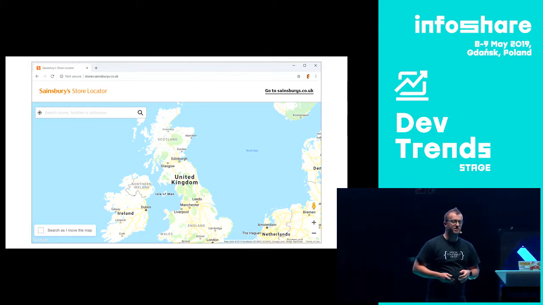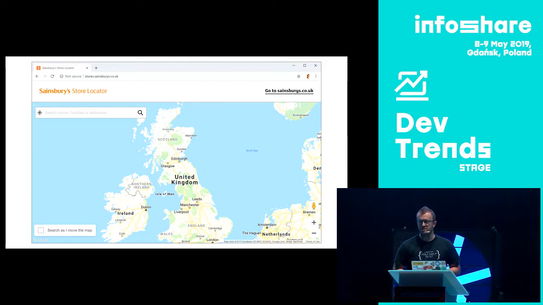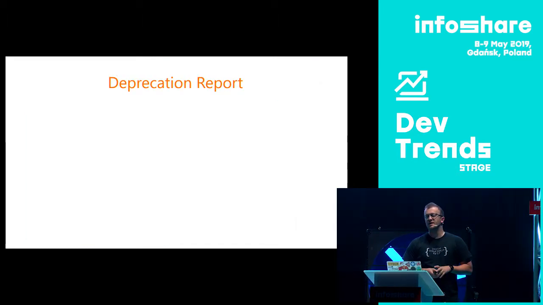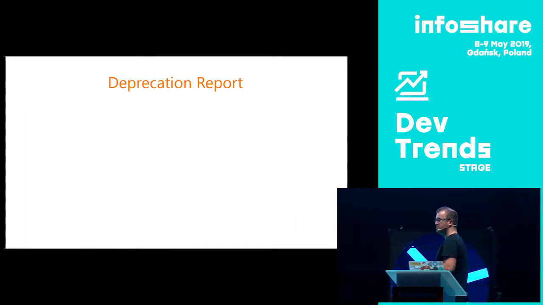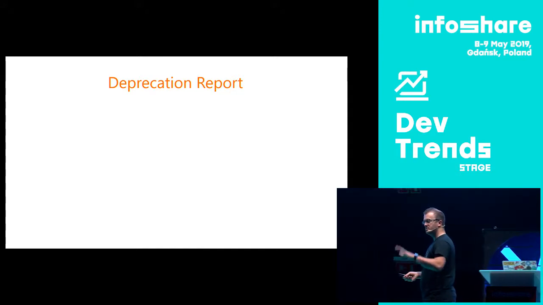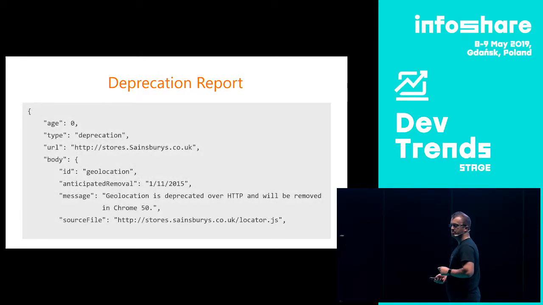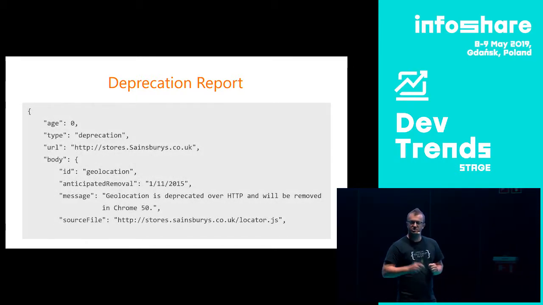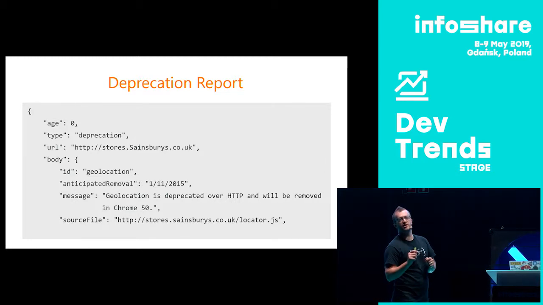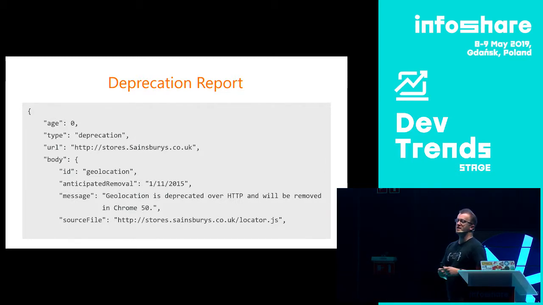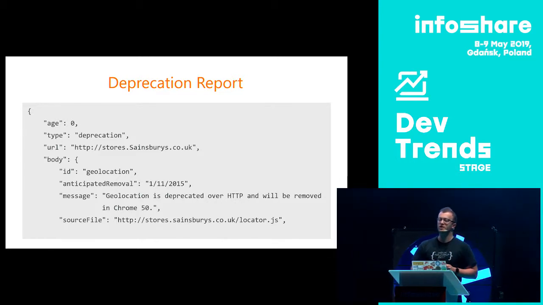Some of them will impact you in very negative ways, and this is what deprecation reports are for. If you are using a feature on your page that the browser intends to deprecate, the browser can send you a report to tell you, hey, I've just visited your web page, and on your page, you're using this feature. And very soon, I'm going to turn that feature off, and it will stop working.